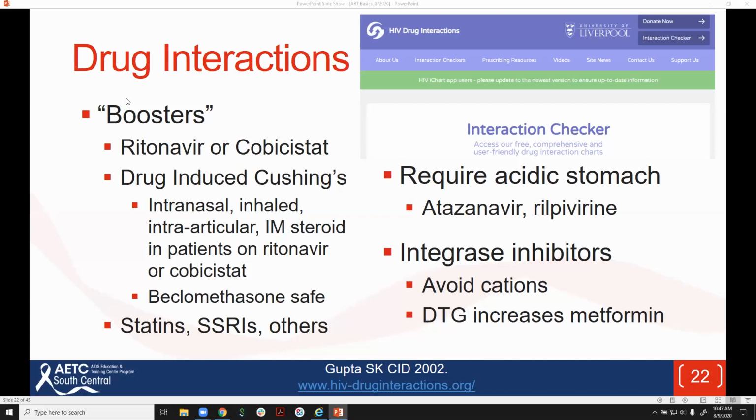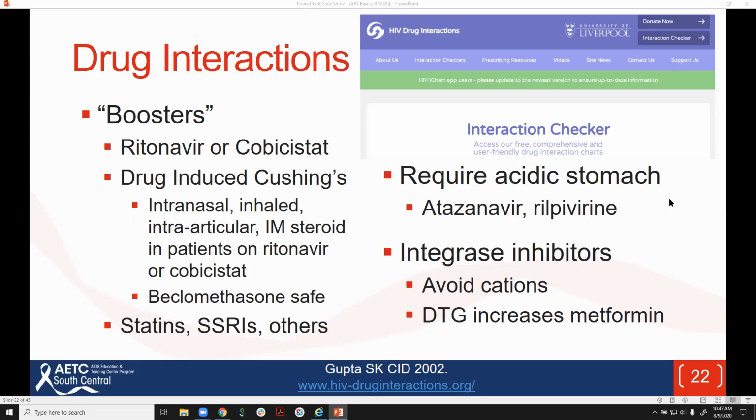Now, all of the protease inhibitors are recommended to be boosted with either ritonavir or cobicistat, and then there is an integrase inhibitor agent, elvitegravir with cobicistat, that is also boosted. Statins and selective serotonin reuptake inhibitors, among other medications, are commonly seen to interact with these boosters.